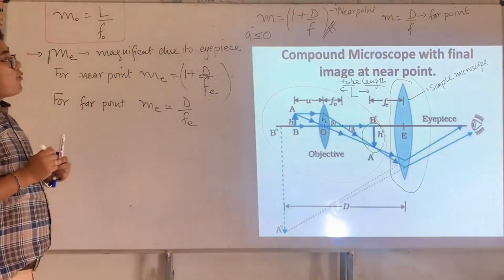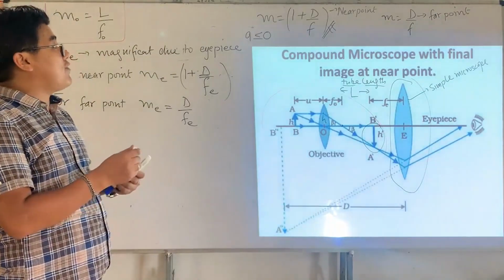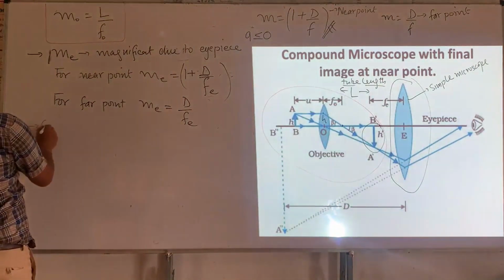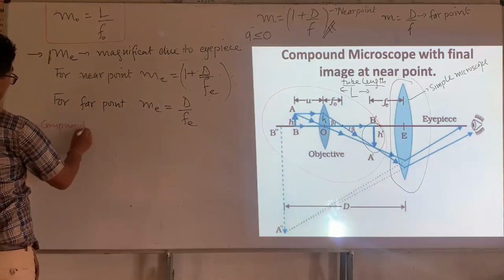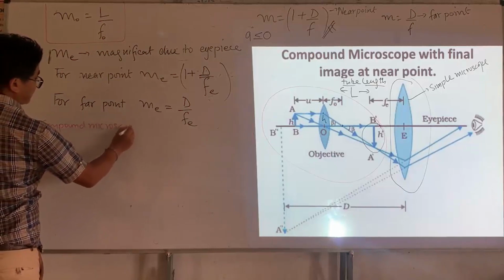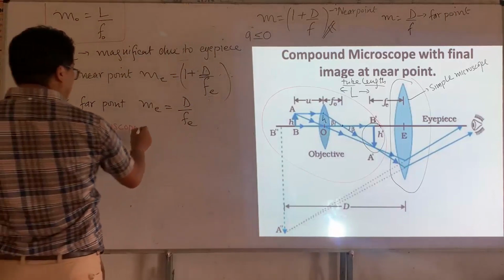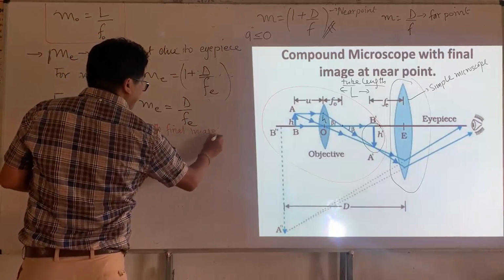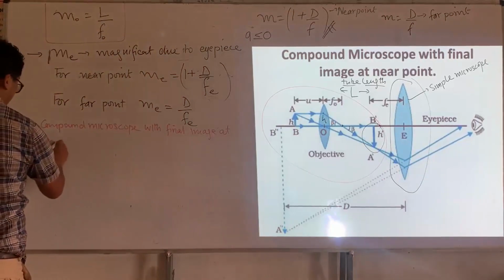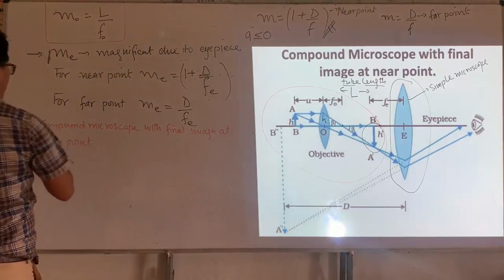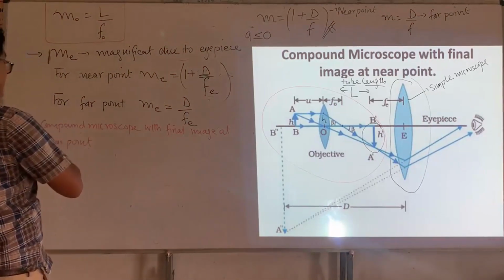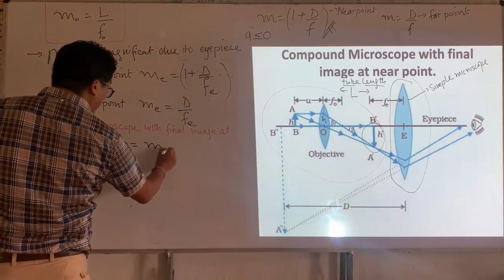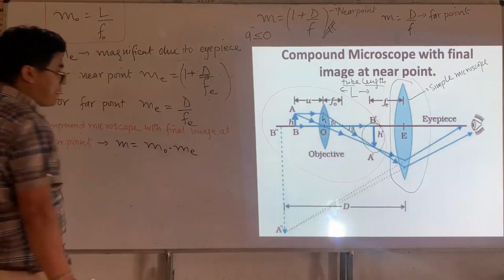alright, so now look at here. For the compound microscope, number 1, with the final image at near point, the magnification is going to be, look at here, equal to the magnification due to the objective lens multiplied by the magnification due to the eyepiece.